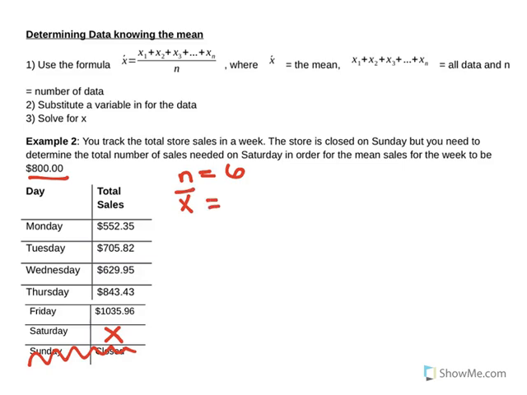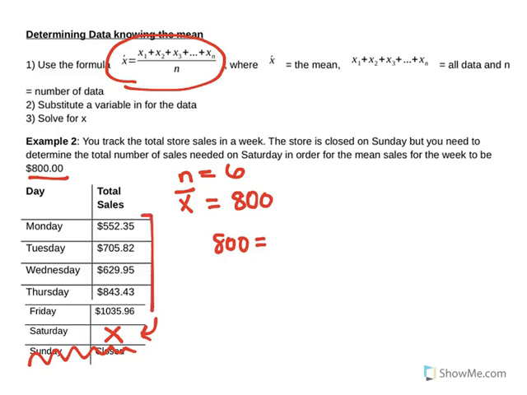And we know that the sum, so we're going to use x bar, with the bar over the top of it. We know that we want the mean to be 800. But what we don't know is what this piece of data is to make that happen. So we're going to use this formula up here. All it means is you're going to add all your data plus an X and make it equal to what your mean is. So we're going to say 800 is equal to all of these added together.